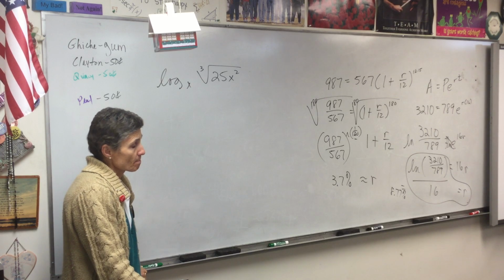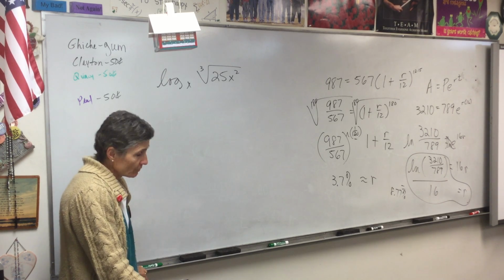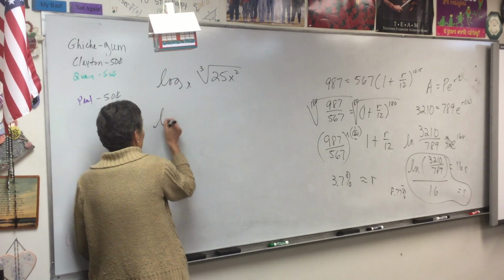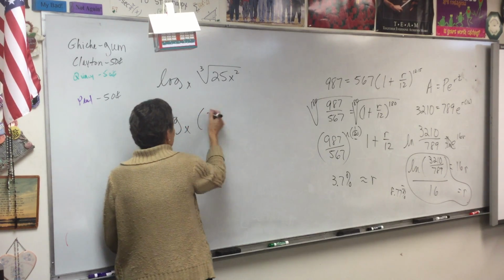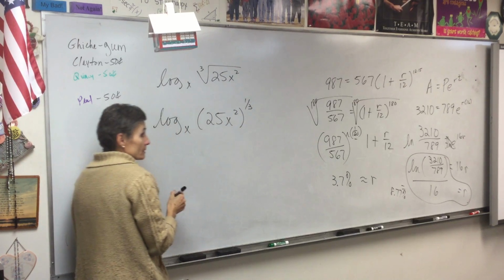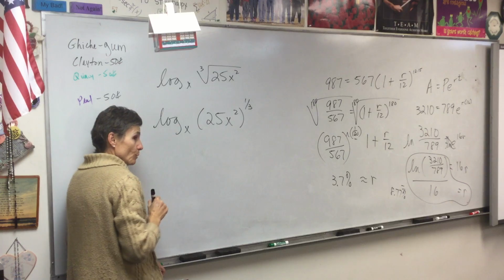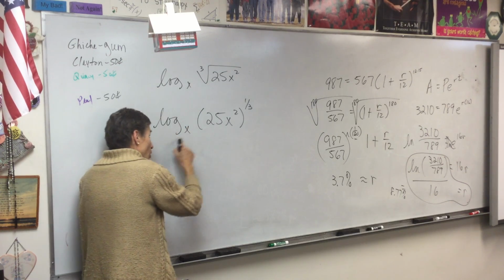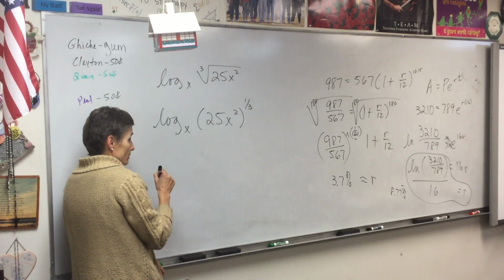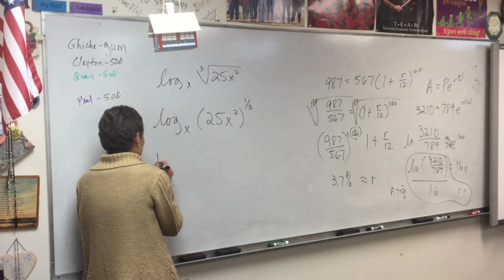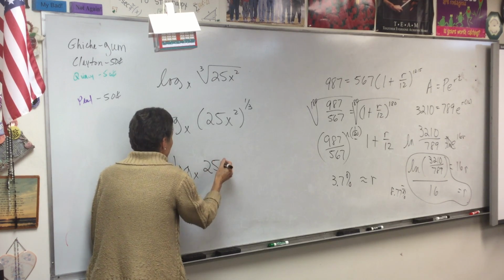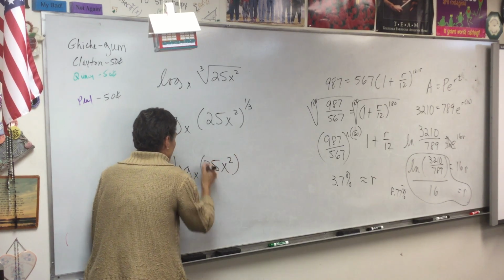They don't mix. So what are you going to do? You're going to write that radical as a 1/3 exponent. And then what are you going to do with it? What do you do when you take the logarithm of something to a power? What happens to the power? It comes out in front. So I'm going to write that as 1/3 log base x of 25x squared.